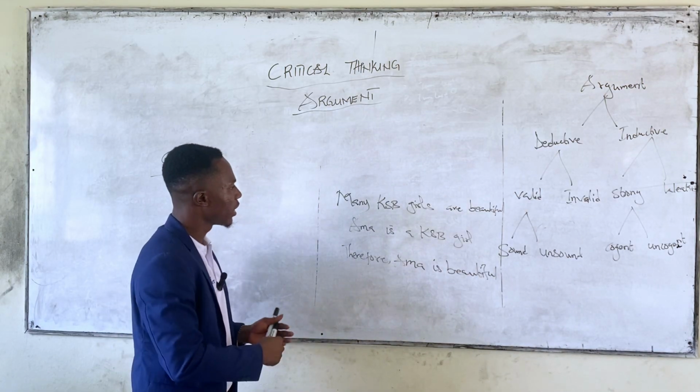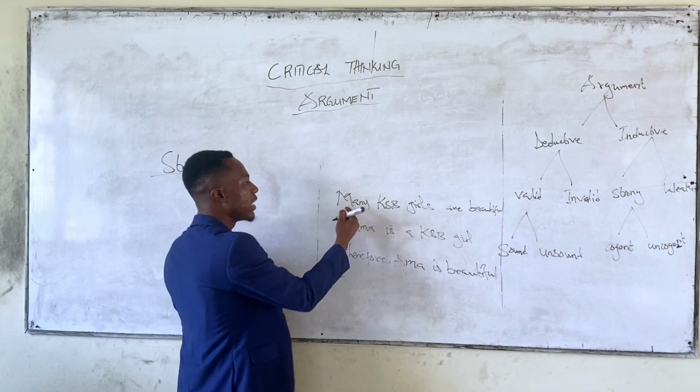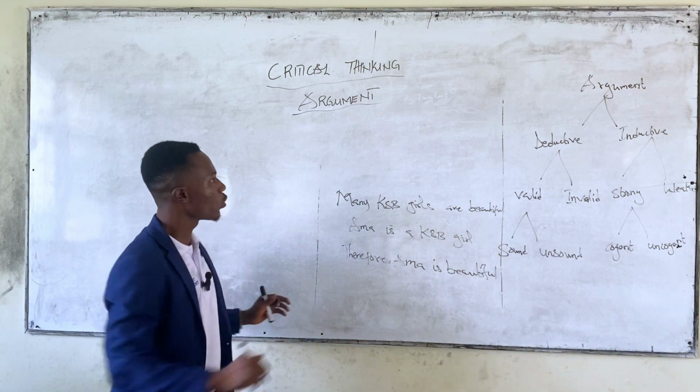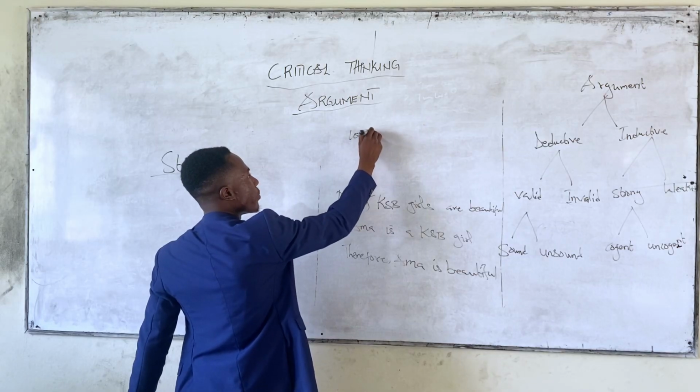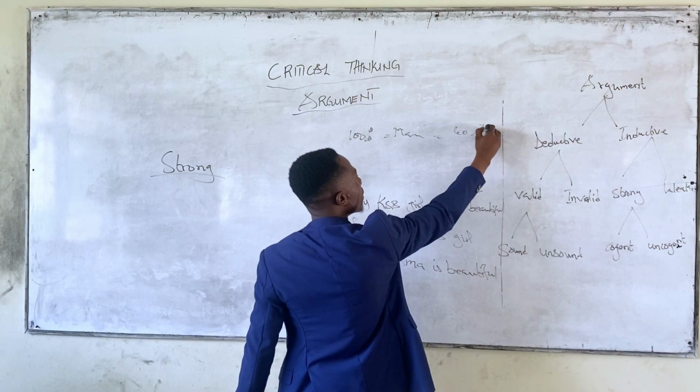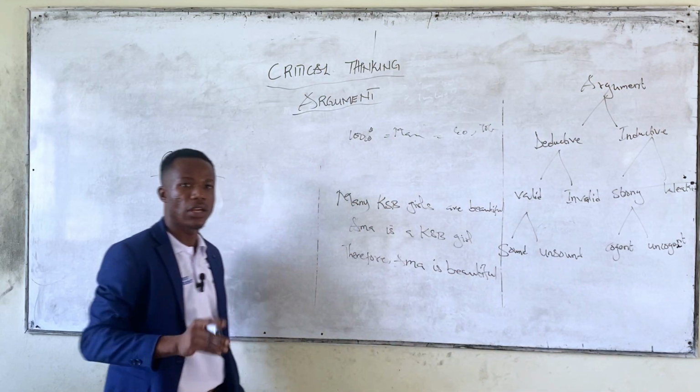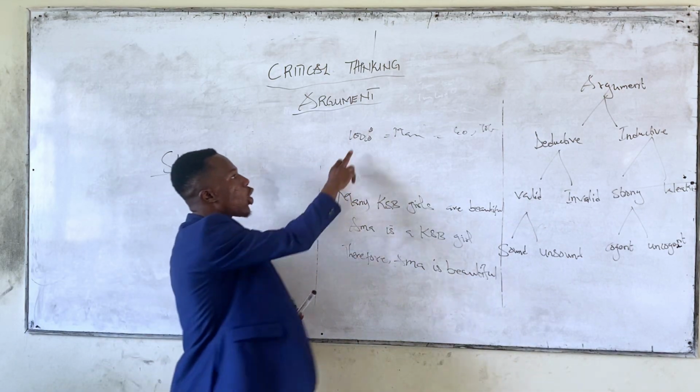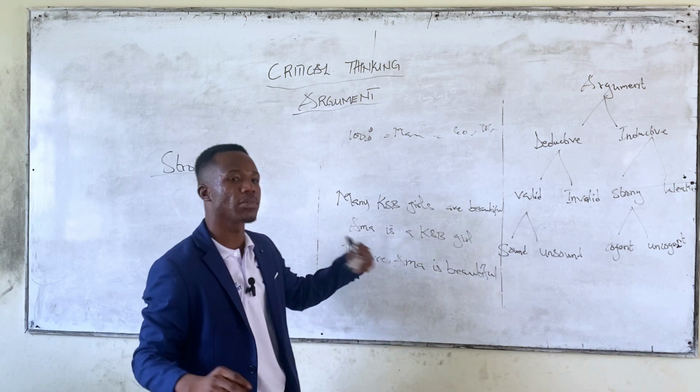I hope you get it. So many is not 100%. If I have 100% and you say many, the many can be 60%, 70% or 80%. But it's not 100%. If you say all, it means 100%.